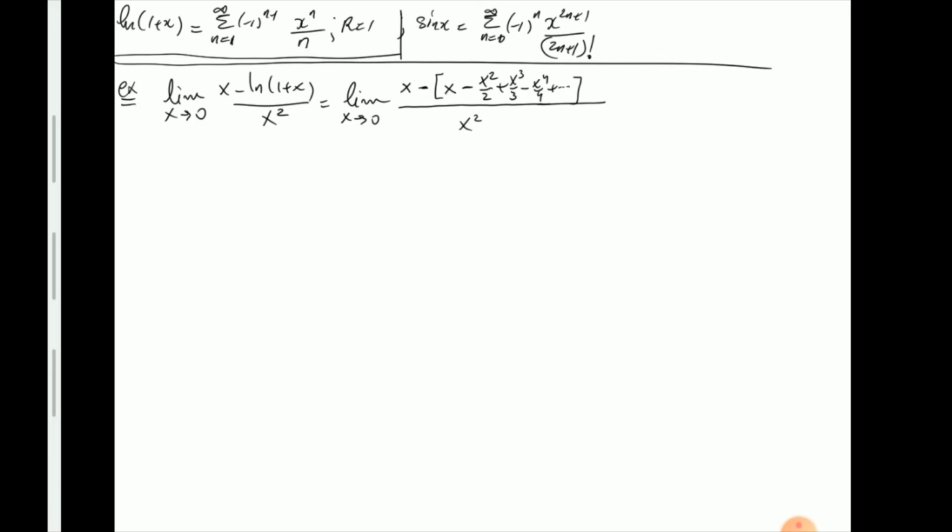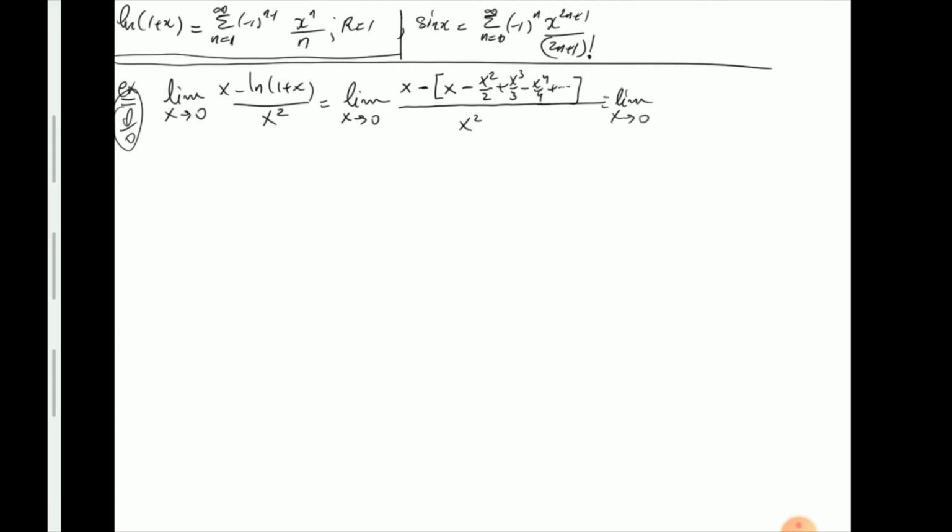And also have to account for the power of x on the bottom, because you need to simplify by that as well, so that you won't have a 0 over 0 case. So in other words, you need to write enough terms in the series so that you eliminate the 0 over 0 case, which is the indeterminate case in this limit. So you don't have to write the full summation, but you still have to do some algebra here.